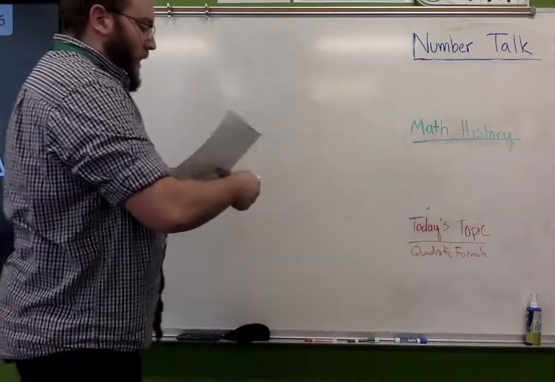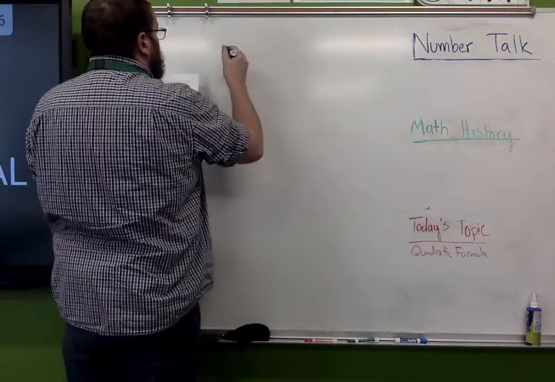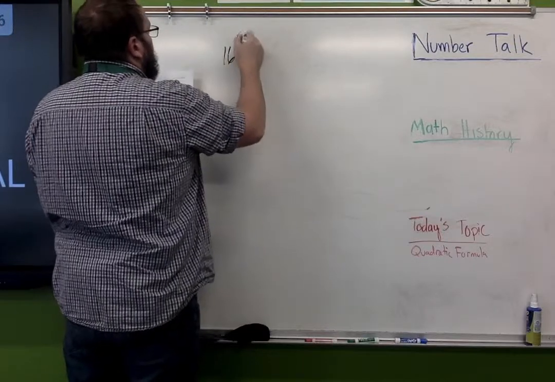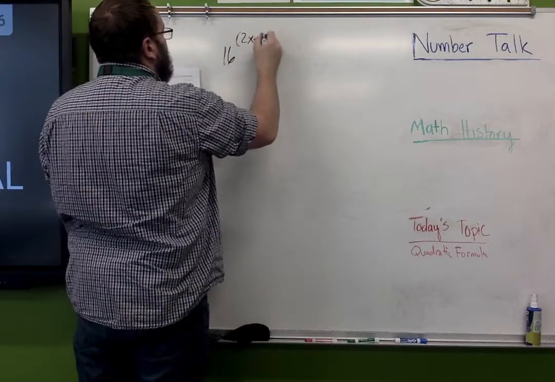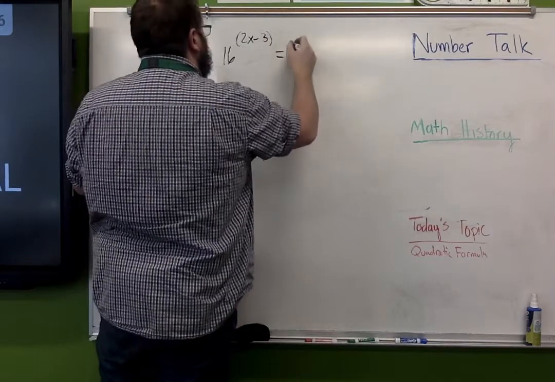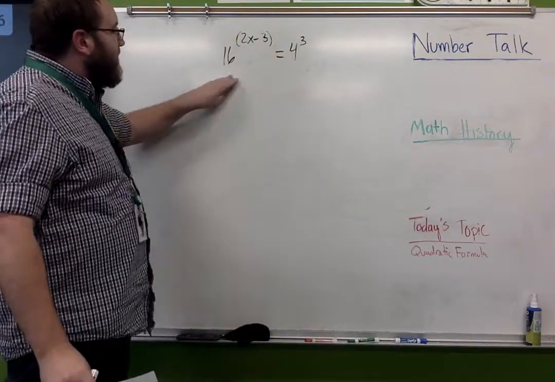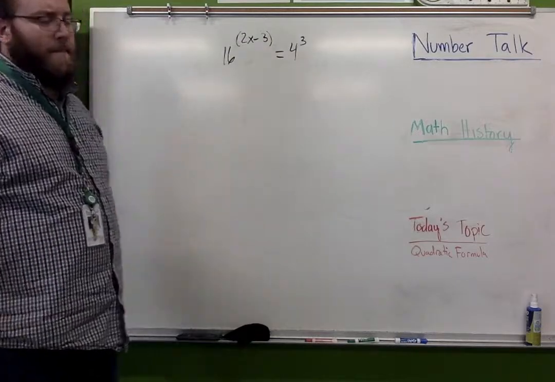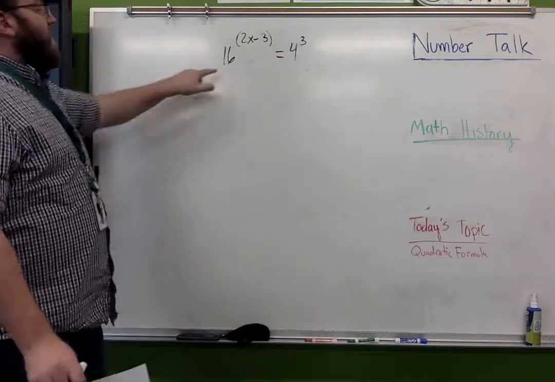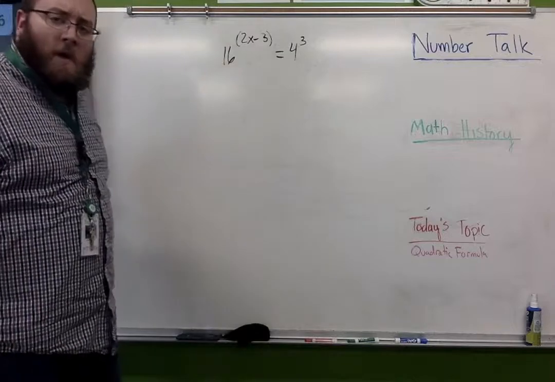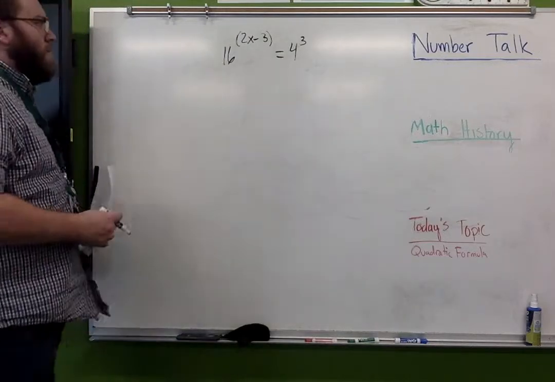Okay, let's do the next one. 16 to the 2x minus 3 power is equal to 4 to the third power. Oh, that's so nice, much darker than it was before. Can I get 16 to look like 4? Or even 4 to look like 16?